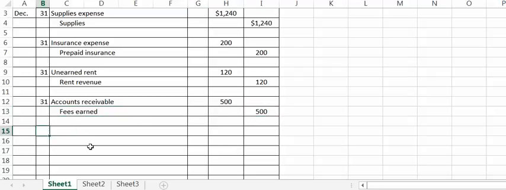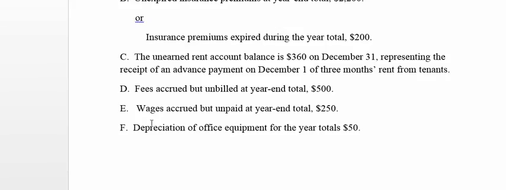Okay, now the next one is very similar, but it occurs on the expense side. Wages accrued but unpaid at year end total $250. Okay, now here an employee has worked the last few days in December, but they're not going to get paid for that work until sometime in January. But when did their work help us to earn more revenues?